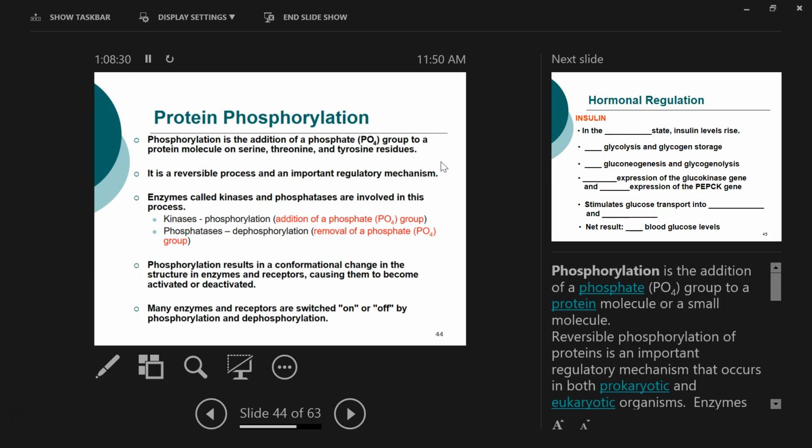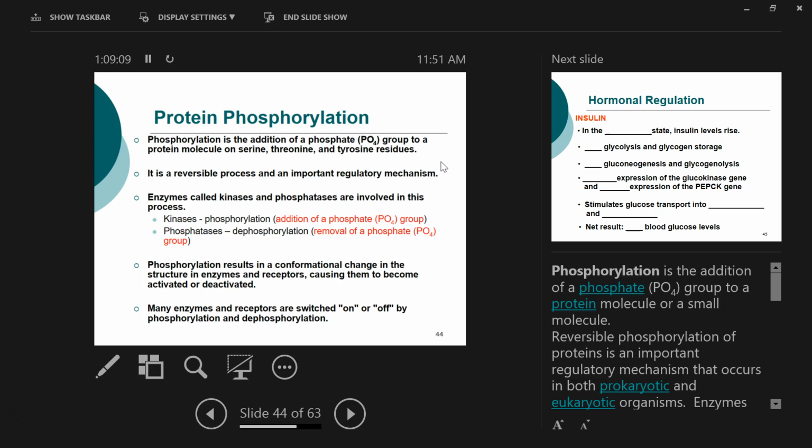You can add a phosphate group to the protein and also remove it, changing the activity of the protein or enzyme. Adding or removing a phosphate group can happen very quickly, in several minutes, even seconds, right? So this is a very quick regulation of enzyme activity, turned on and off by adding or removing a phosphate group.